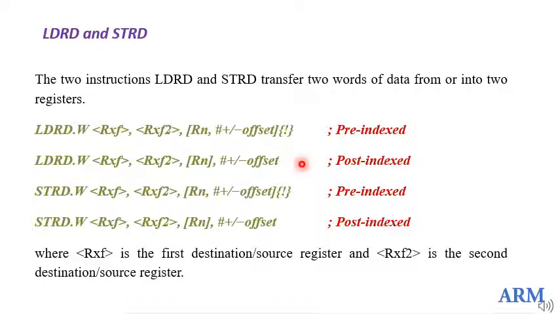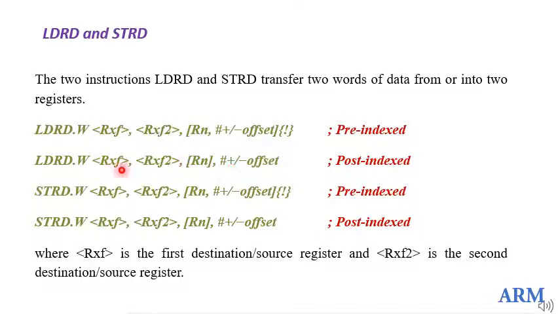First the data from the memory location whose address is given in this register is transferred to the two destination registers, that is two words, a double word, transferred from 8 memory locations. A double word occupies 8 memory locations, and after that the address will be computed or updated.